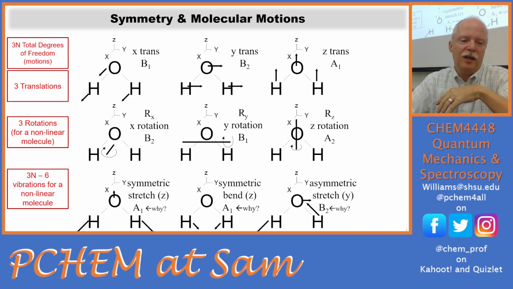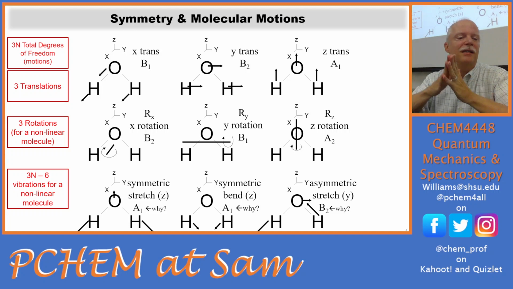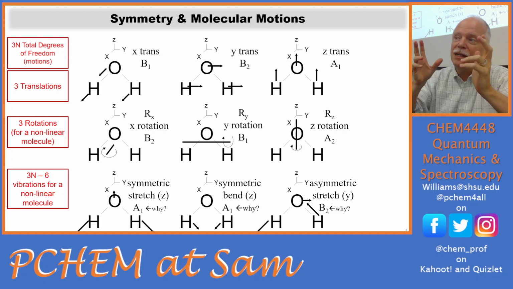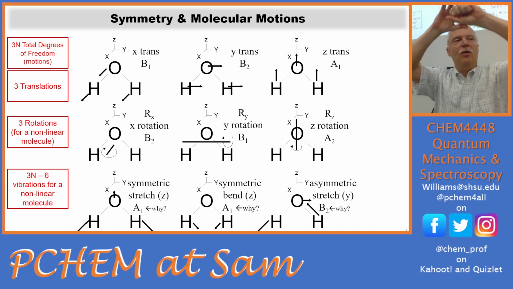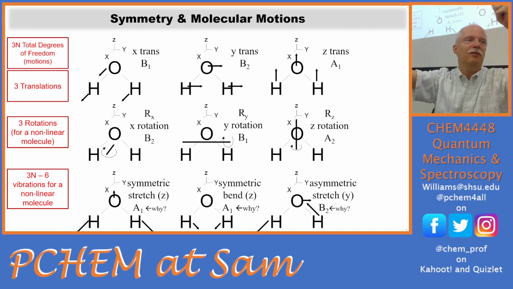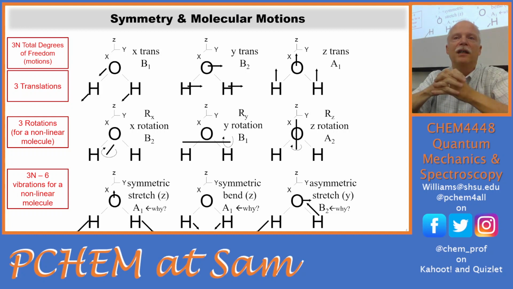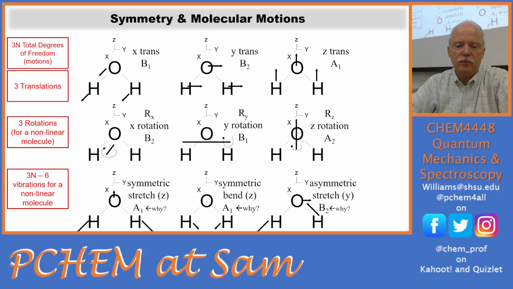So that's what we end up with down here: 3N minus 6 vibrations for a nonlinear molecule. That 6 is the 3 rotations and the 3 translations. So we have total degrees of freedom 3N, and then we take out the translations, we take out the rotations, and whatever's left over is the vibrations.